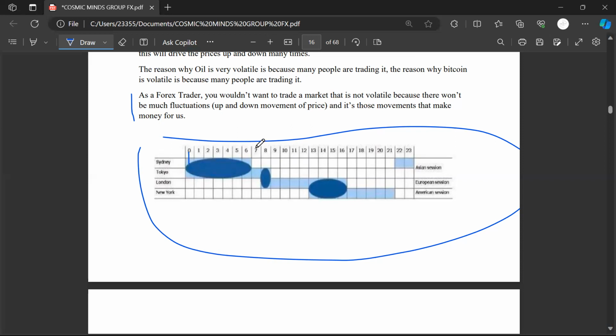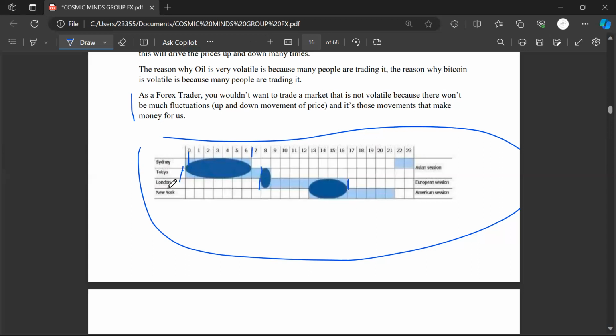So 0 to 6. Right. Sydney, Tokyo also from 0 to 7. Here. London, look at here. London from 8 a.m. to 4 p.m. Right? We come back to this chart again, don't worry.